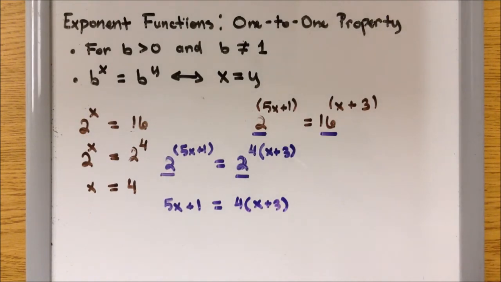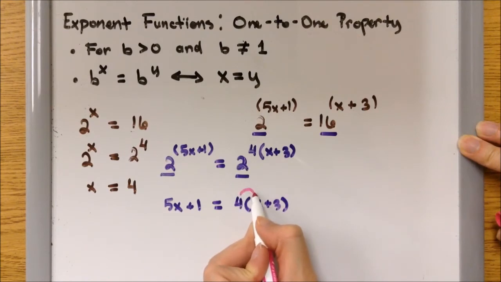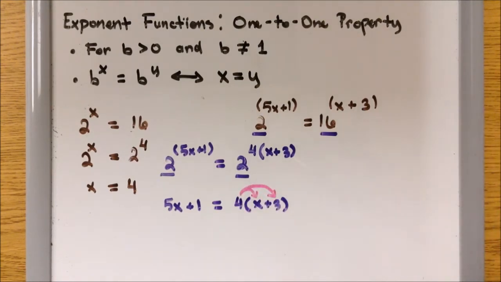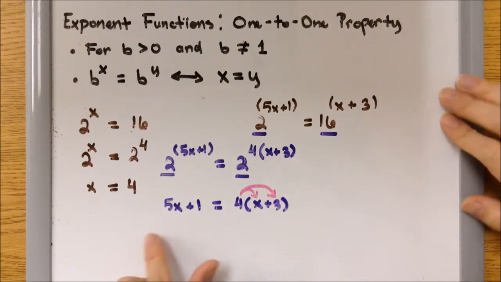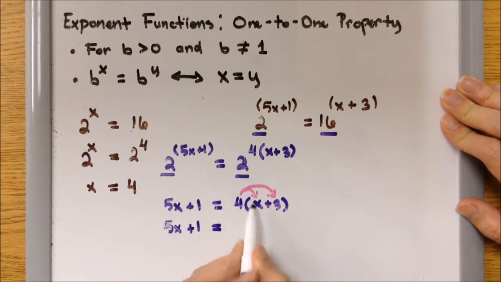Then when we have a number, or even including a negative, we are going to distribute the 4 to everything inside the parenthesis. I haven't done anything to the left side, so I'm going to bring it down. 5x plus 1 equal, then I'm going to distribute the 4 to everything inside, so 4 times x is 4x. 4 times positive 3 will be plus 12.